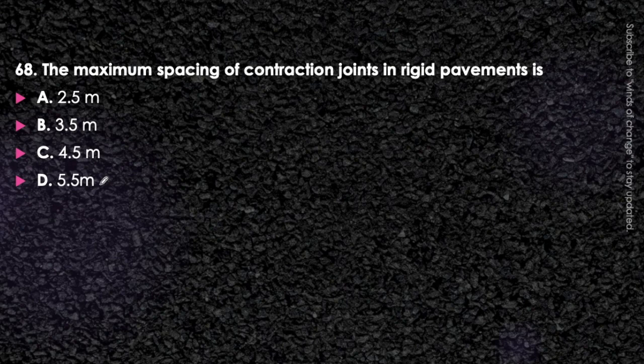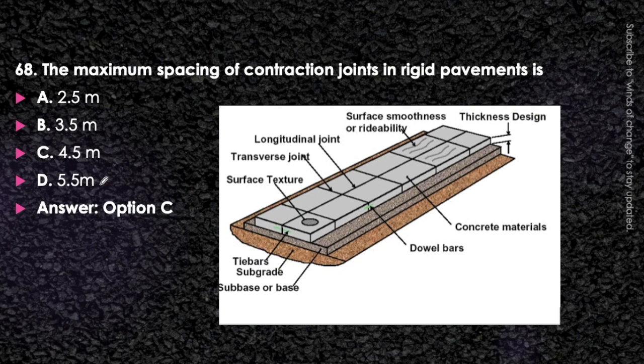The maximum spacing of the contraction joint will be option C, that is 4.5 meter. Can you recall this image? It was explained in the first question in which we discussed the dowel bars and tie bars, and here we will discuss this spacing, that is the spacing between the different contraction joints. This spacing, this is 4.5 meter.